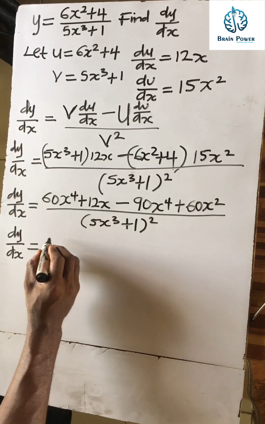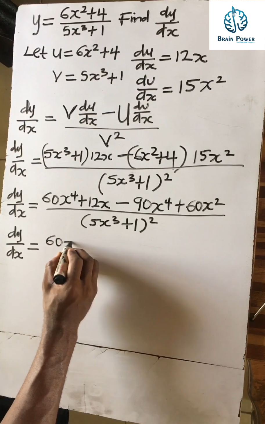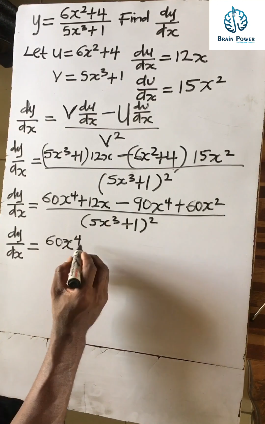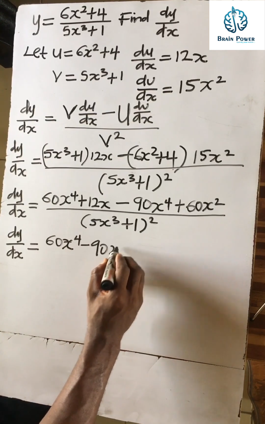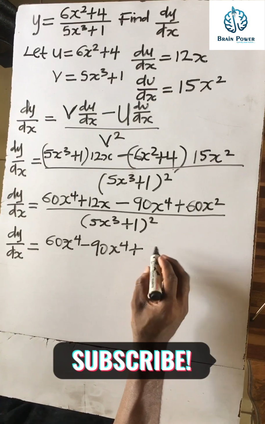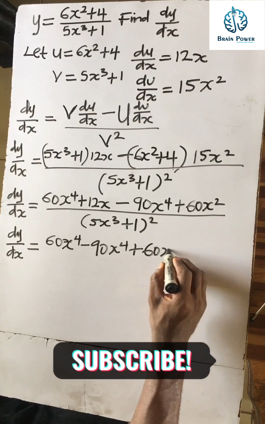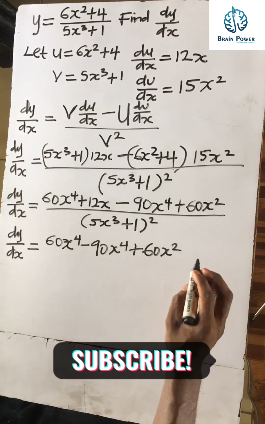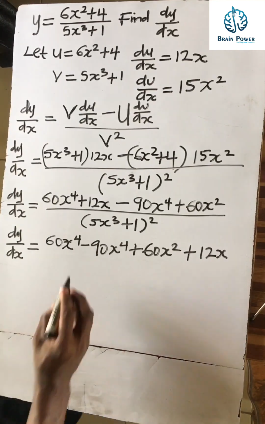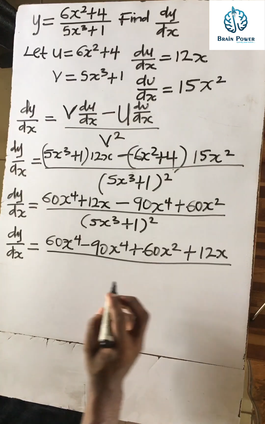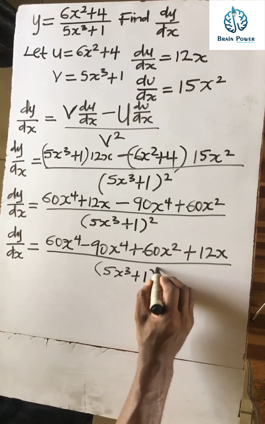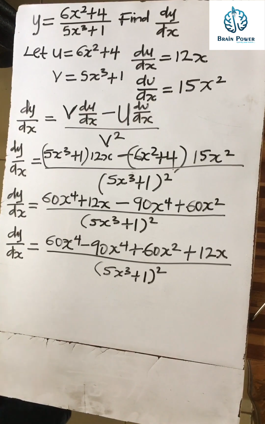Then we have it to be 60x to the power of 4 minus 90x to the power of 4 plus 60x to the power of 2 plus 12x. We have it divided by bracket 5x to the power of 3 plus 1 bracket squared.